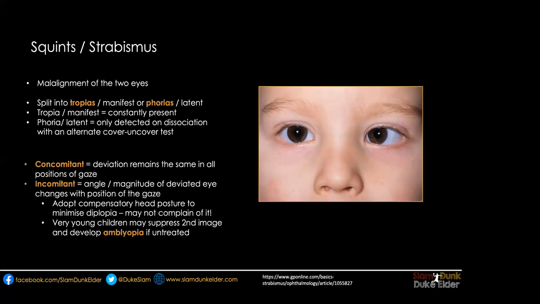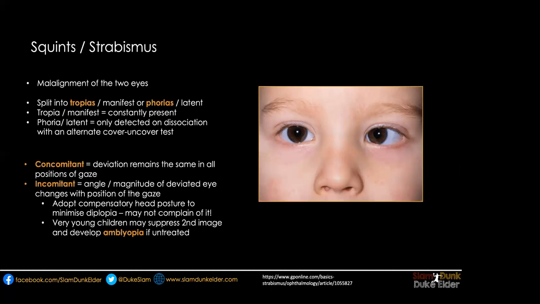You might notice that children adopt a malalignment of their head posture to compensate for this. They might not complain of anything, and it might not be obvious, but they tilt their head to compensate for the squint that they have. And this is very important because by doing this, they advance the amblyopia.